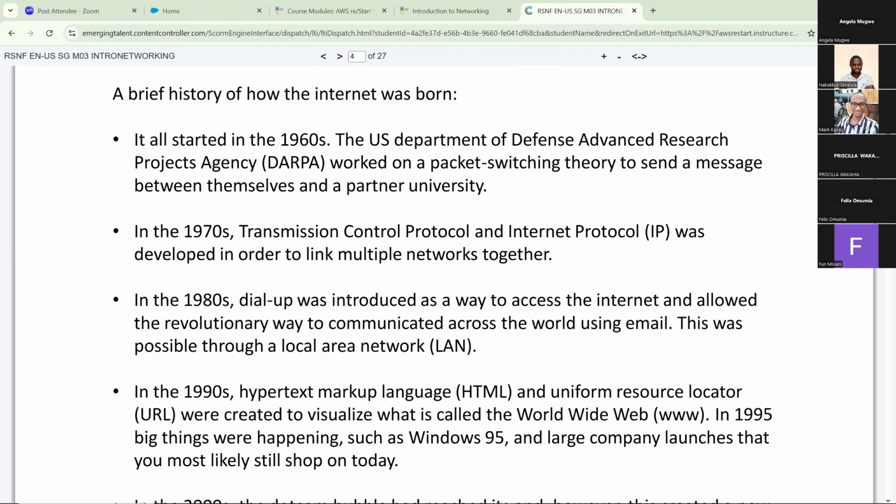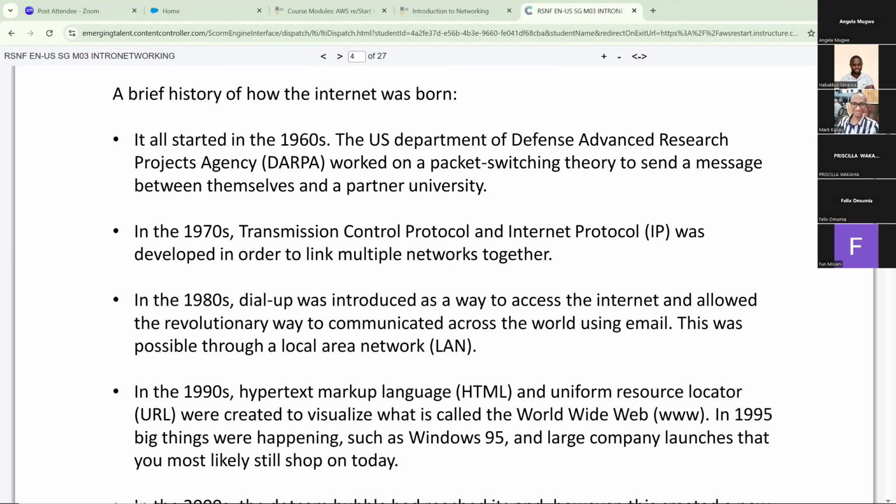So we are being told that packet switching is a method of transmitting data over a network by breaking that data into smaller units called packets. So you take the full data and then you break it into small bits, and then you transmit it over the network. Each packet contains a part of the message along with header information like the source and destination addresses, allowing them to be sent independently and possibly through different routes.